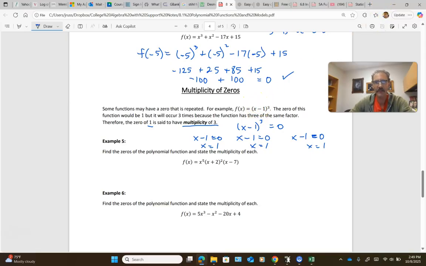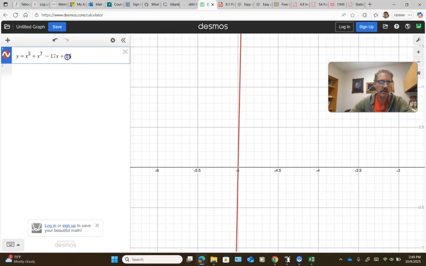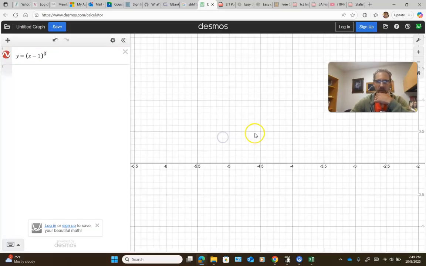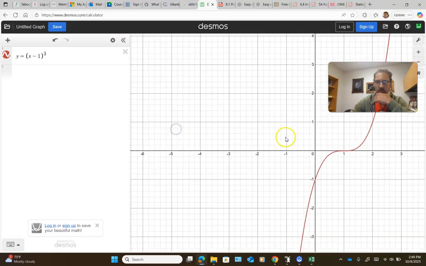Now, if we were to graph this function, and we can do this, it's another cubic function. Parentheses x minus 1. We're going to cube this. Okay, so I've graphed it. Let's see, where is it? Oh, it's over here.